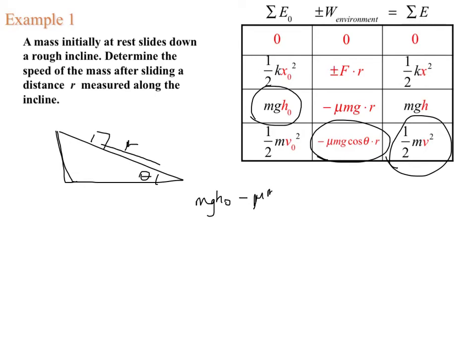So mu mg cosine theta times r, and then h naught would have been here, and r is the distance traveled down the ramp. And again, the energy we had at the beginning minus the energy removed from the system to the environment by friction, which is this piece right here, is equal to the mechanical energy we have left over, which in this case is kinetic.